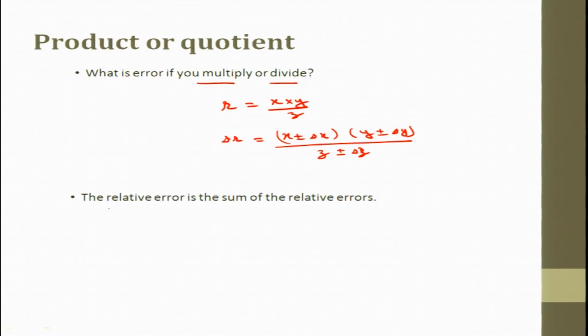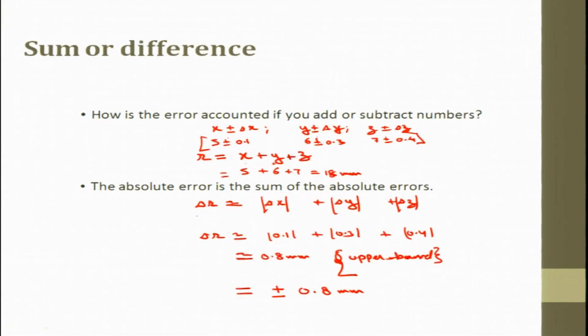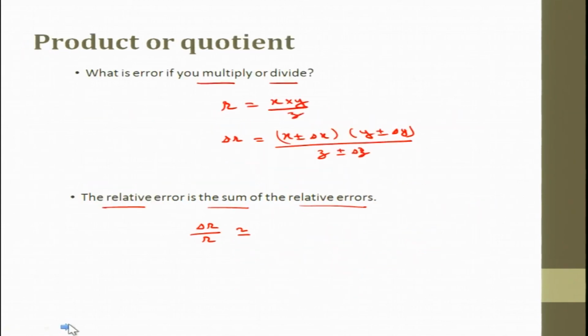If I talk about the relative error, that is a sum of the relative errors again. So relative error is what? Delta r by r. This is again the sum of the relative errors in a similar fashion. I call it equation 1, this is equation 2.